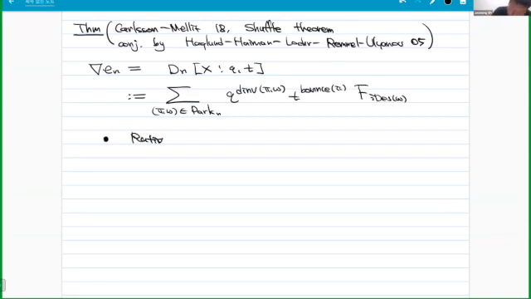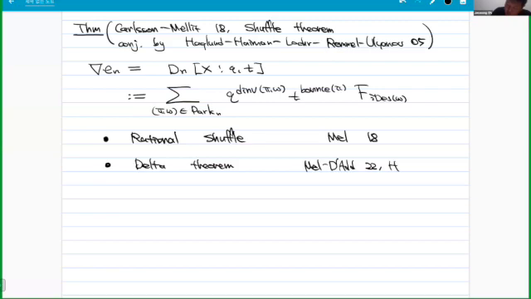One is the rational shuffle theorem, which was proved by Mellit in 2018, and the Delta theorem, which was proved by Mellit and Michele D'Adderio in 2022, and Haiman, Mellit, Carlsson, and Gorsky in 2023, or a very generalized version, which is the Loehr-Warrington conjecture, and it was very recently proved by the same group in their preprint.